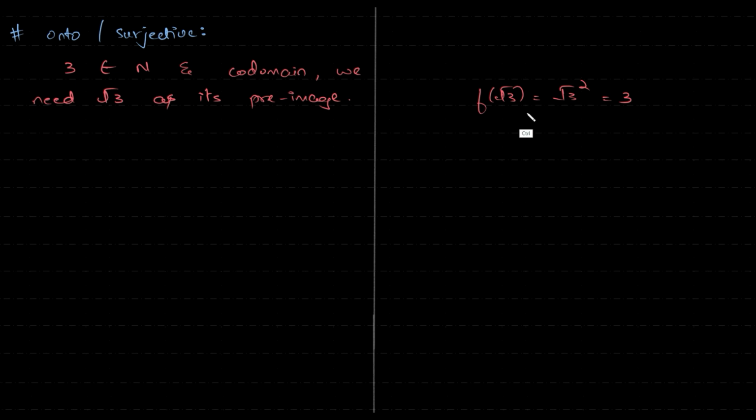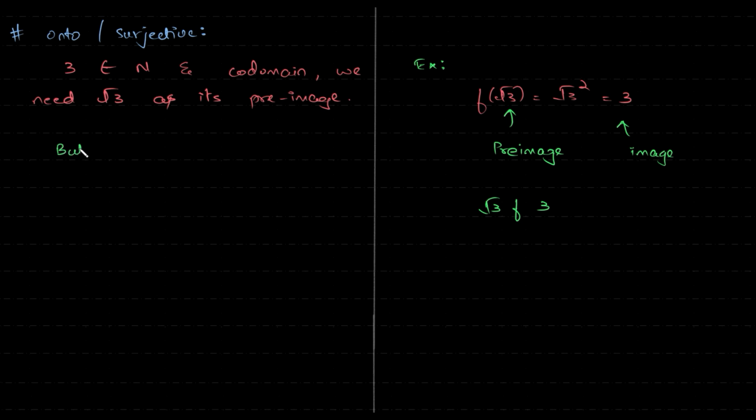Okay, so this is your pre-image and that's your image. So basically you can write it this way also, root 3, f of 3. This was possible if it was not natural number, but it is natural number.